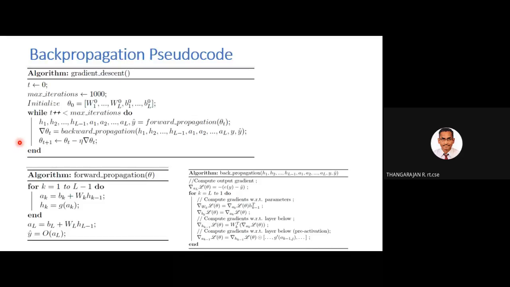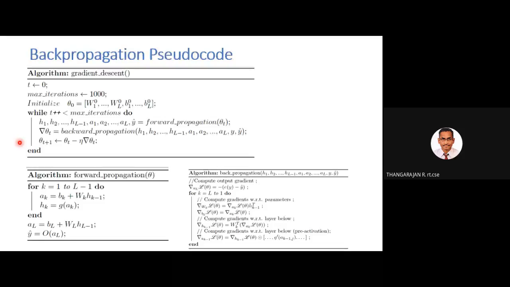It has two passes, one forward pass and one backward pass. And this we can do for the entire training set, which I call a batch size of 1. Suppose I have 1000 images, then I will do this for all 1000 images, finally compute the change and then apply the change.